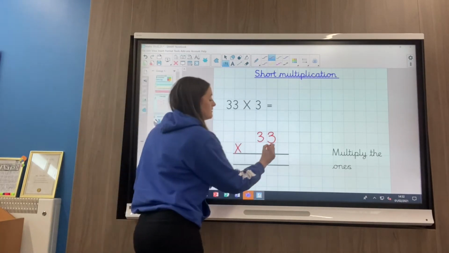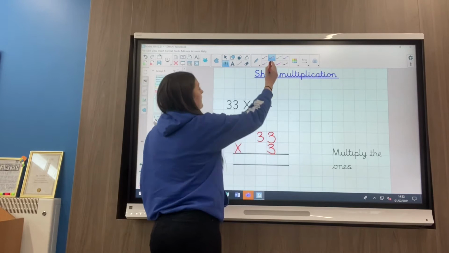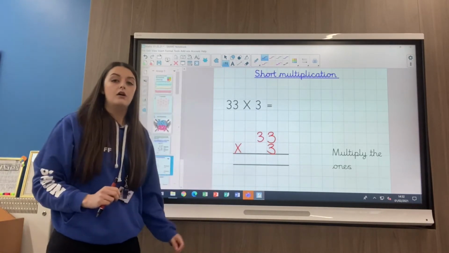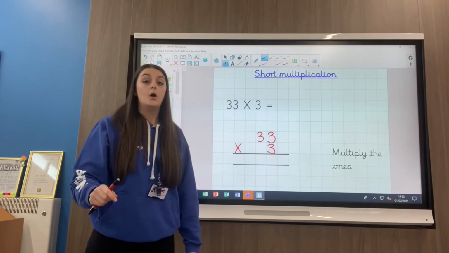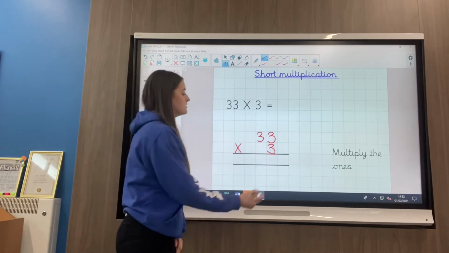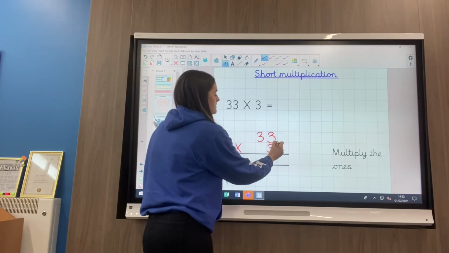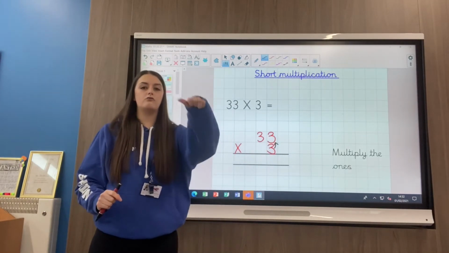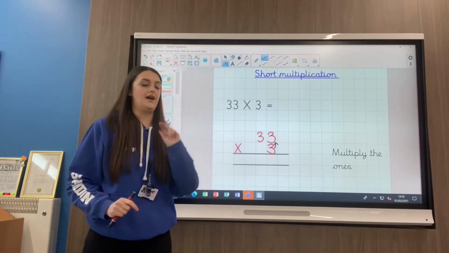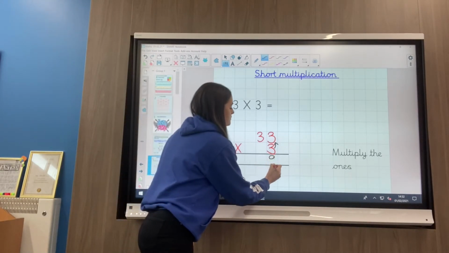So I'm going to put that under the ones column. And just like before, which column do we start multiplying first, the tens or the ones? If you said the ones, well done. So I'm going to do 3 ones times 3 ones. So my 3 times table in my head now. 3, 6, 9. Put my 9 ones underneath.